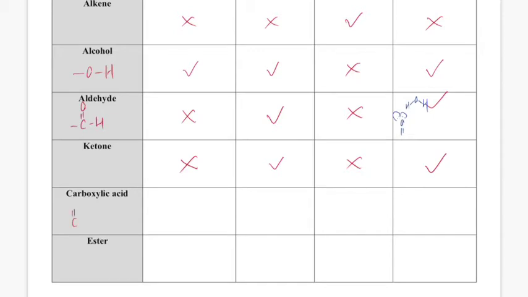Okay, so the functional group for carboxylic acid is C double bond to O, and then we got O and then H. So here we got two oxygens that have lone pairs on them, this one and this one, and we also have hydrogen that is directly attached to oxygen. So within the molecules of carboxylic acid, it can actually form hydrogen bond.